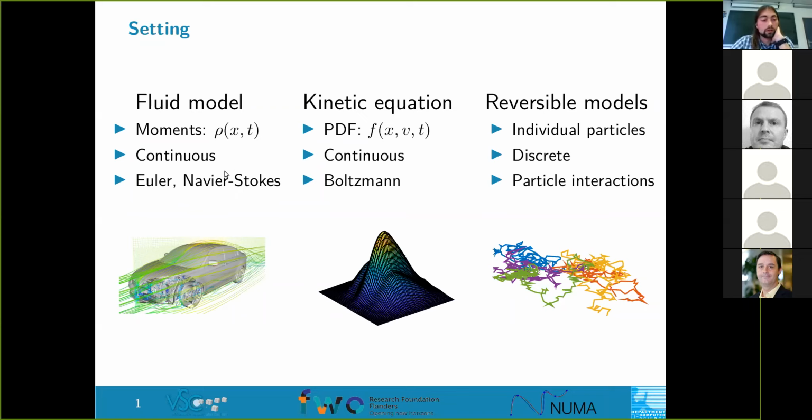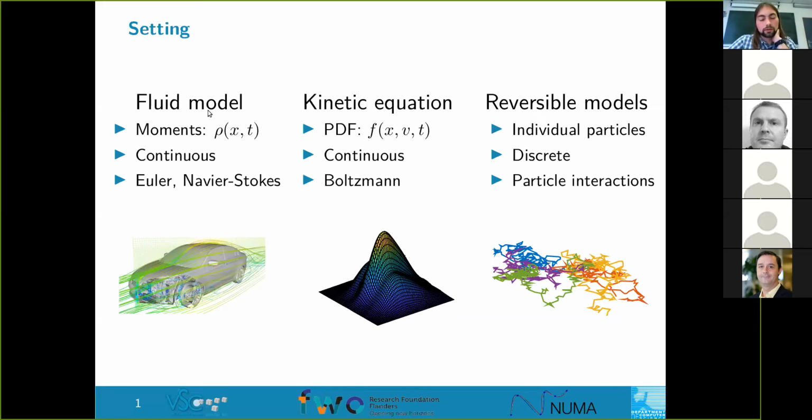You could consider simulating Euler equations or Navier-Stokes, where you have PDEs which describe some kinds of moments of the particle distribution. This can be density, for example, or some kind of energy quantity or the particle flux. Typically these take the form of conservation laws, which we simulate on a grid, using something like finite element or finite volume methods, whatever your favorite type of method is.